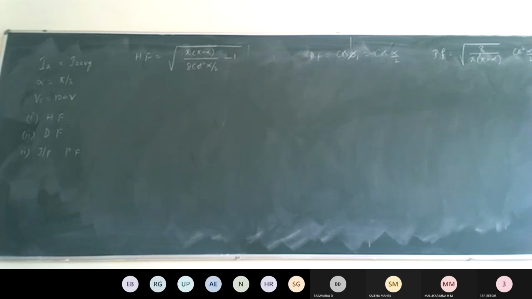What is the value of HF? HF becomes 0.3108.